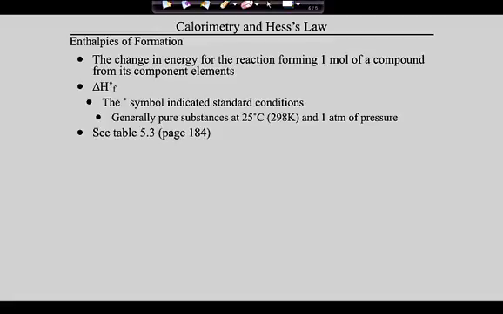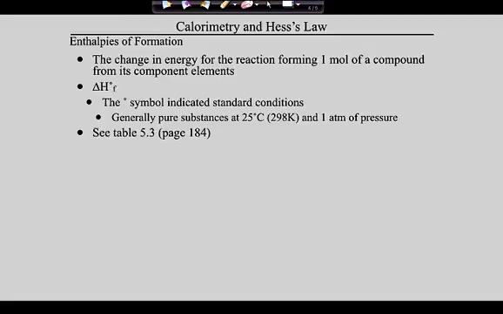You got it? So guys, allow your eye to scan through that table. And what do you notice about the values? Most of them are what? Negative, right? Why? What does that mean? It's forming bonds.